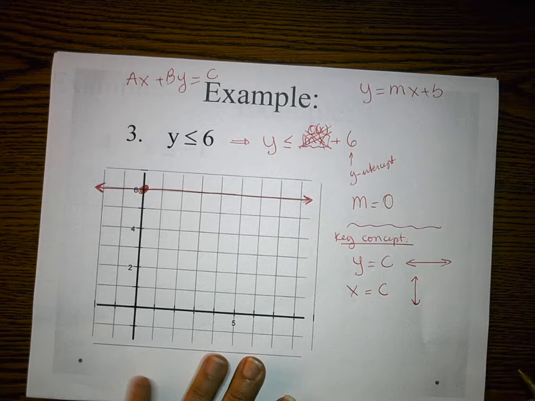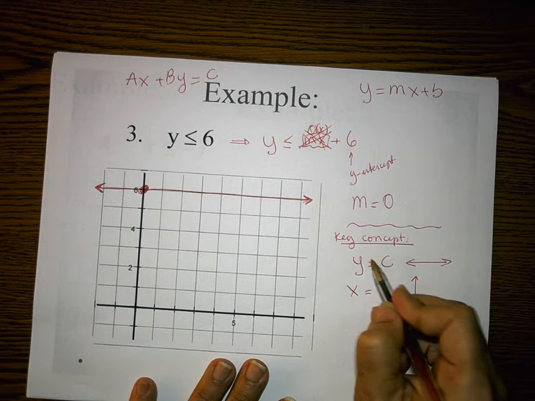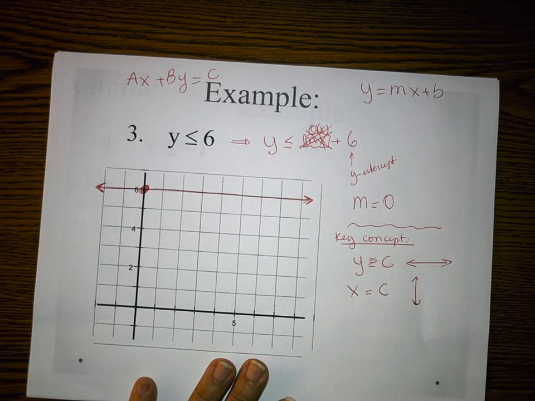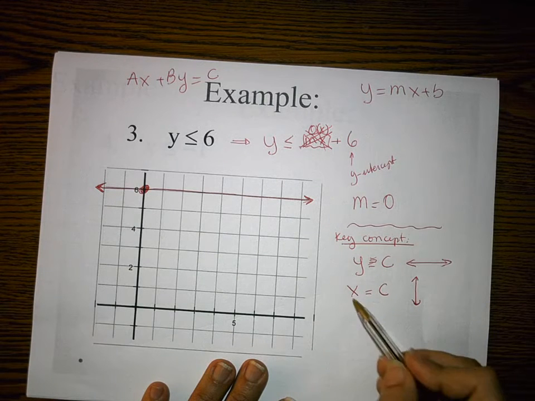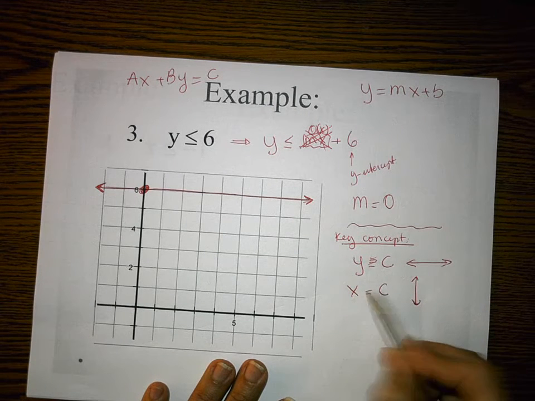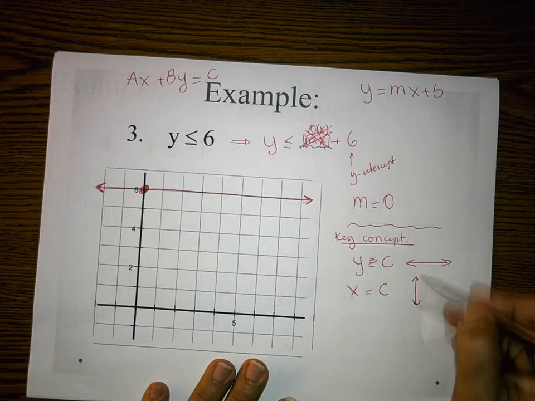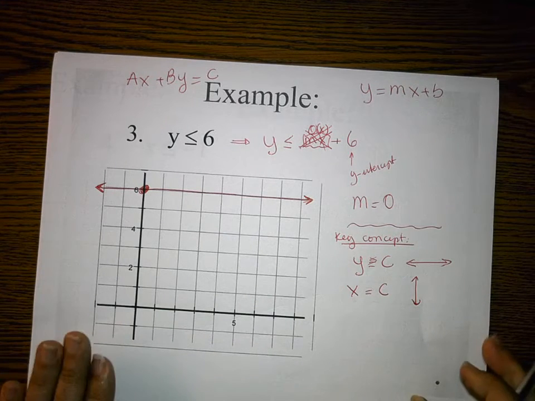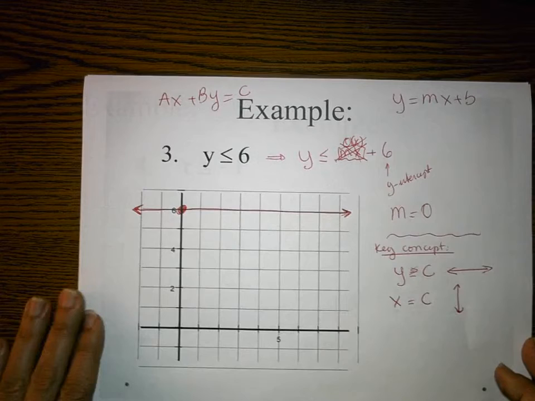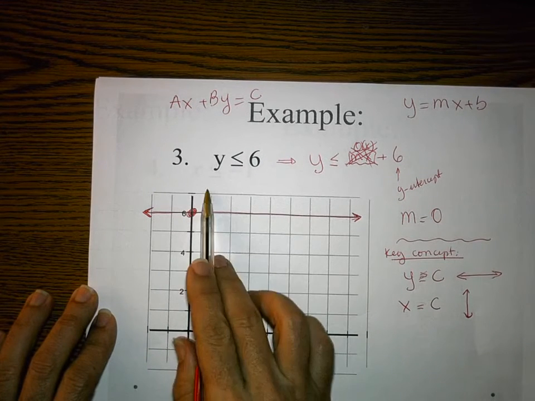Okay, so if I have y is greater than something or is less than something, that is a horizontal line. The slope is 0. And if it is x equals c or greater than c or less than c, it is a vertical line, and the slope is undefined. So all I have to do now is decide, do I shade above or do I shade below?